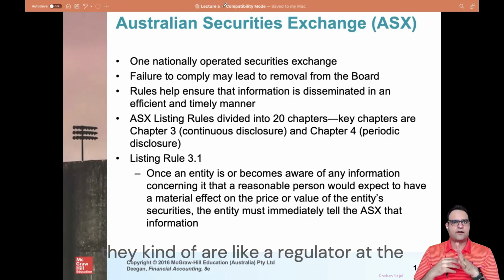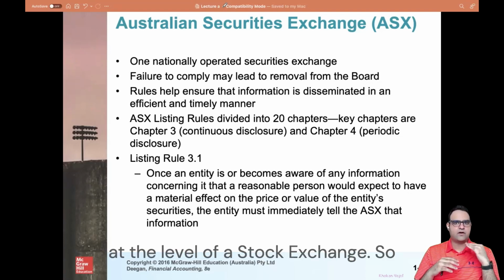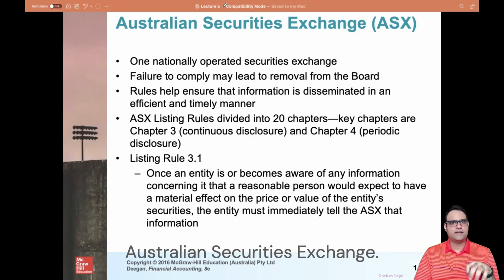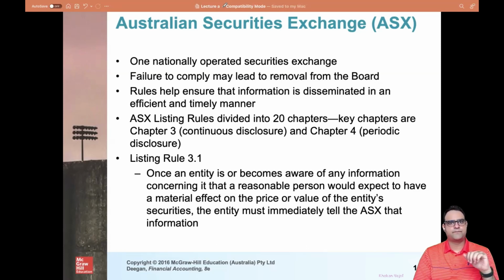So they are like a regulator at the level of a stock exchange. This is the primary responsibility of the Australian Securities Exchange.